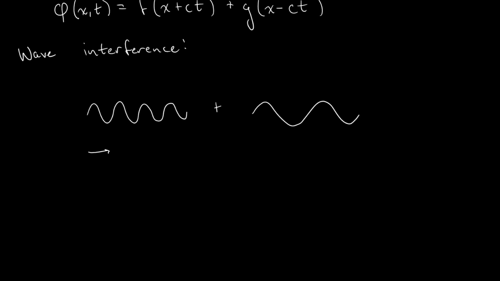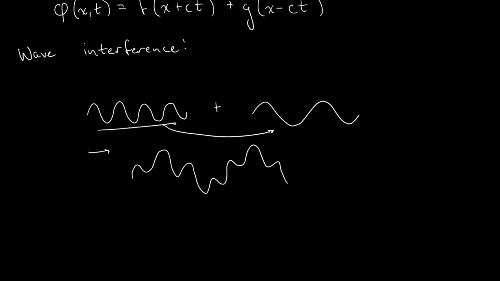So I can essentially just superimpose this wave on top of this wave, and I'll get something which looks like this. It might not be perfect, but I'll make this wave blue and this wave red.